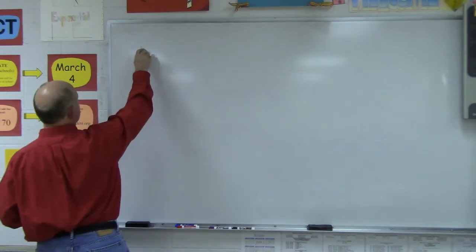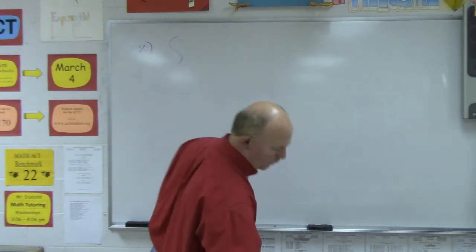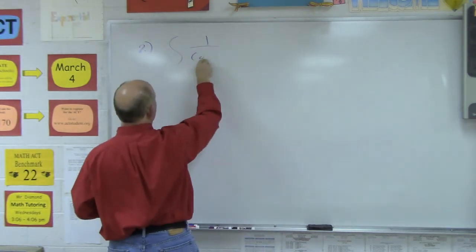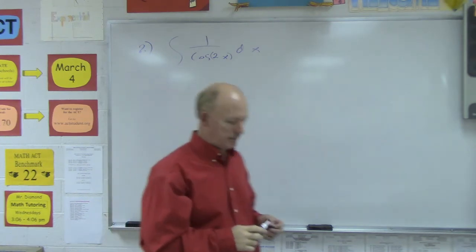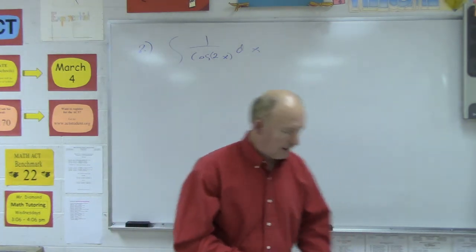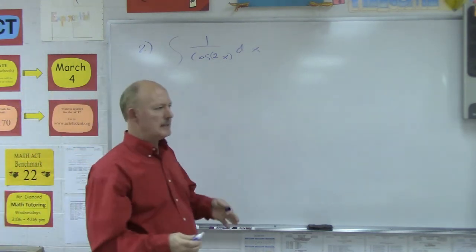Let's try another trig problem. This is pretty good. So number 8. Let's try the integral 1 over cosine 2x dx. First of all, I know 1 over cosine is secant.